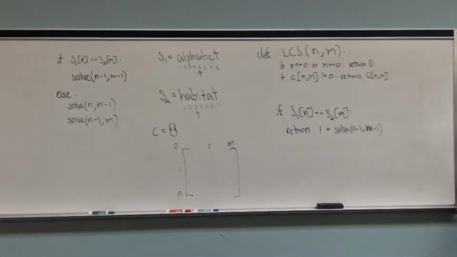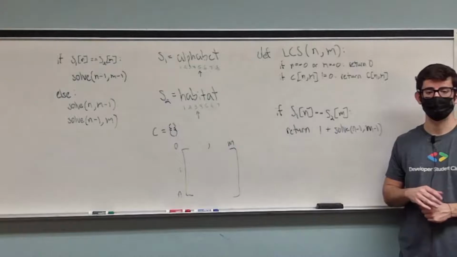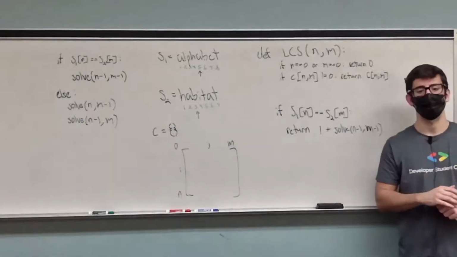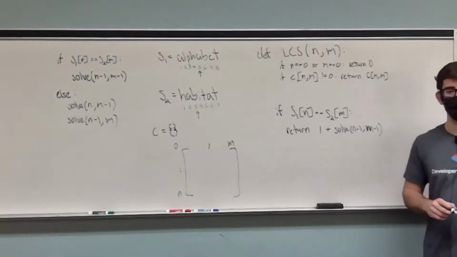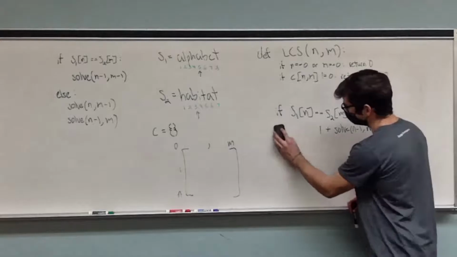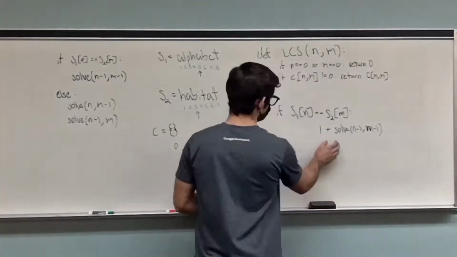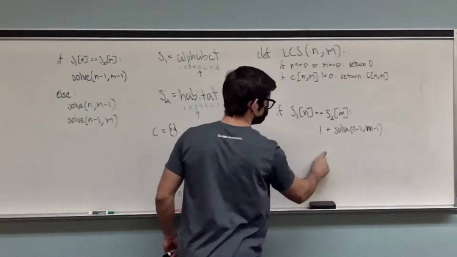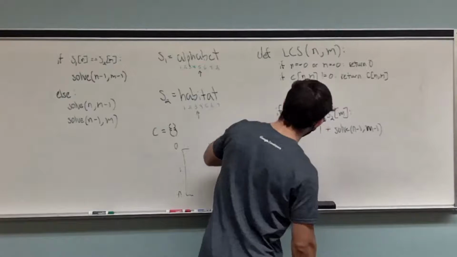Here, would we want to do it before the return statement? Yes. Before the return statement, we want to save whatever this gives us in our table, but at what index?